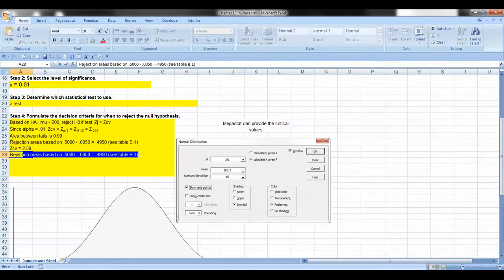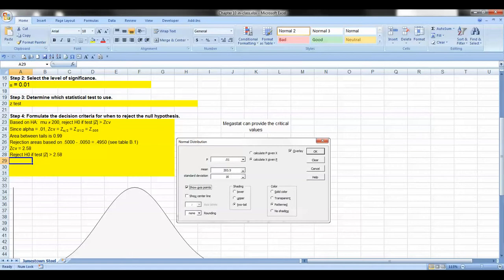So we can have our reject statement: reject H0 if the absolute value of the test z statistic is greater than 2.58.